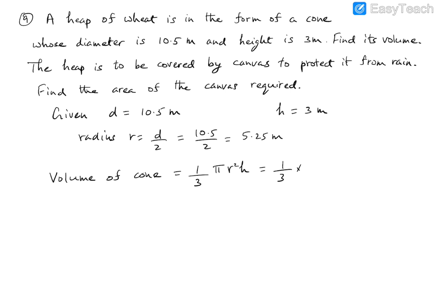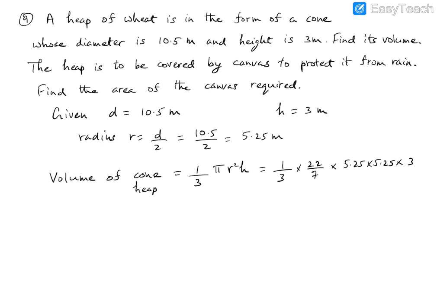Okay, the heap shape is cone. So 1/3, and that's 22/7 into radius is 5.25, which is 10.5 divided by 2. So we can write 5.25 into 5.25 into the height is 3 meters.